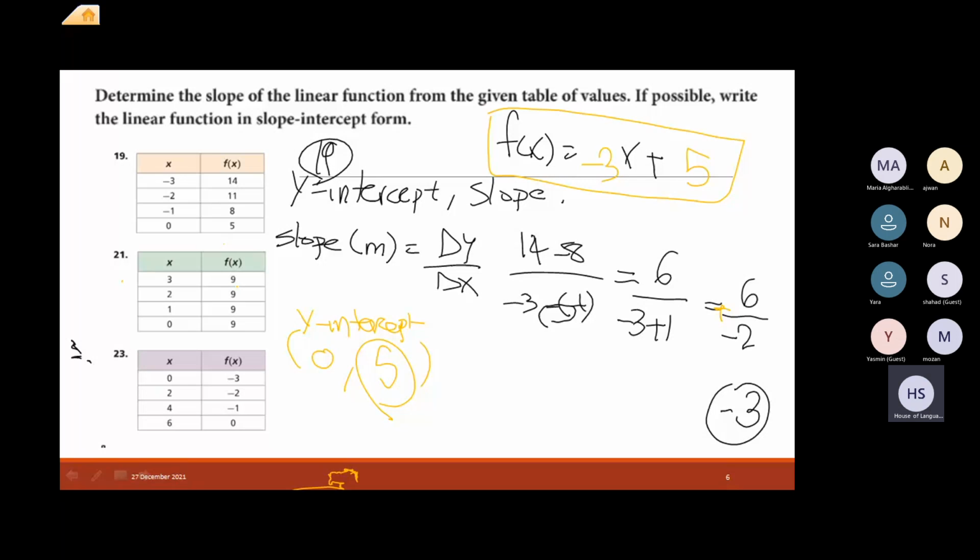Now find this y-intercept. 0 over 1, 0. No. What do I mean by 0 divided by 1? What is the number that you multiply by 1 to get 0? 0. So the answer is 0. Then find the y-intercept. Just a minute.